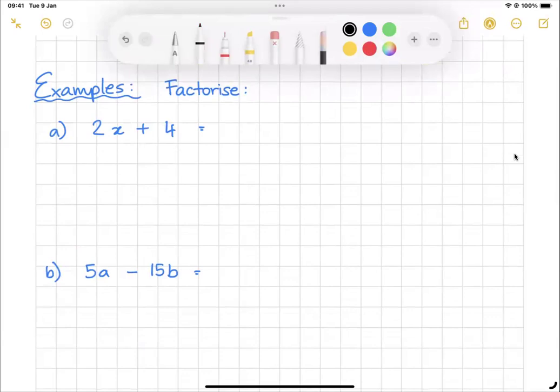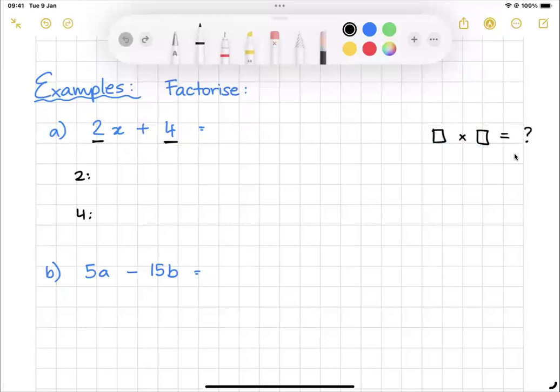So you need to factorize 2x plus 4. So basically put it back into brackets. What I'm going to do is focus on just the numbers 2 and 4, and try to find the highest common factor that 2 and 4 have. Remember, factors are two numbers multiplied together to give me an answer. So these are my factors here.